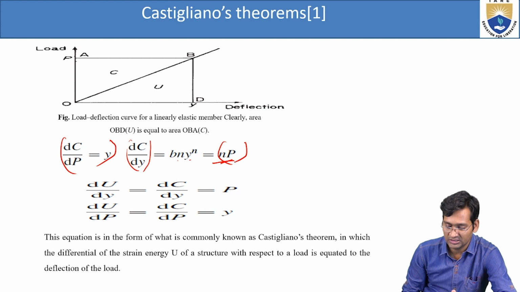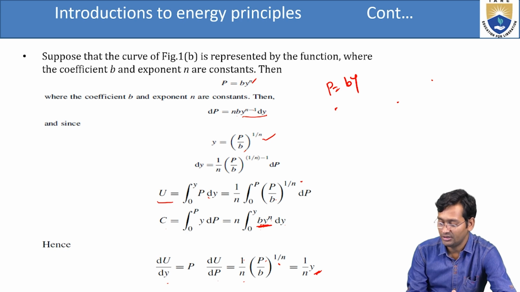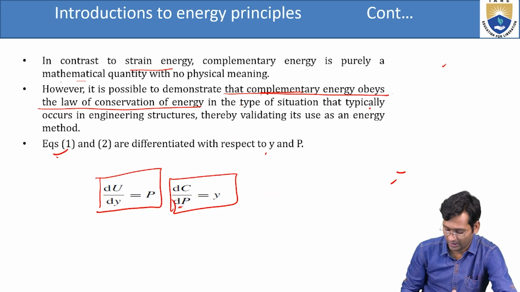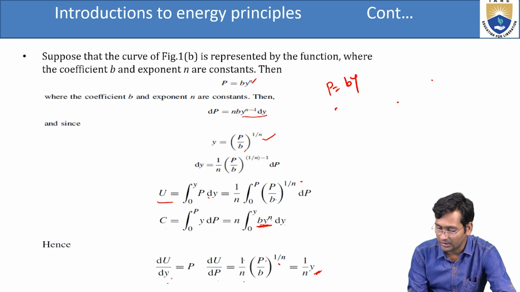So from here, just see the two equations, right? dU by dy is P, and dU by dP is 1 by n into y. So just here, dU by dy, right? And here what is y? Here that y by n, right? dU by dP.